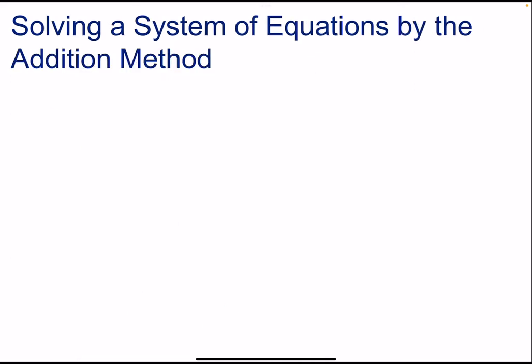Okay, so now let's look at an example of how to use the addition method to solve a system of linear equations. Okay, so let's look at this example here.